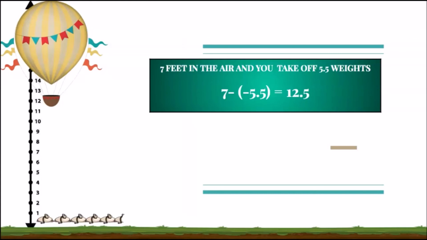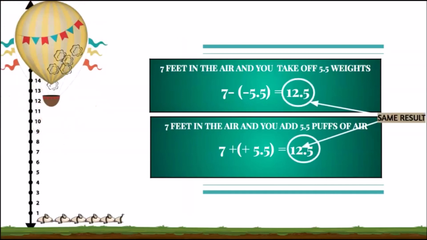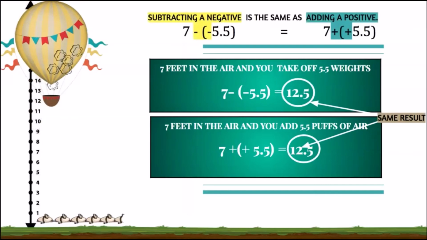Well, which situation ended with the same result but were under different circumstances? Kids should note, when you were 7 feet in the air and you added 5½ puffs of air, you also ended with 12½ feet. So since both of these situations have the same result, kids should recognize that subtracting a negative is the same as adding a positive.